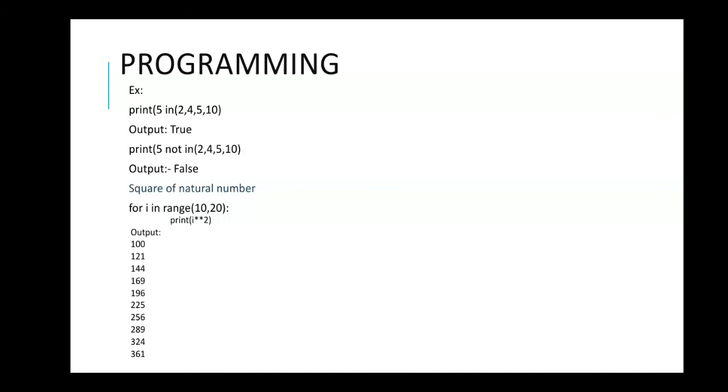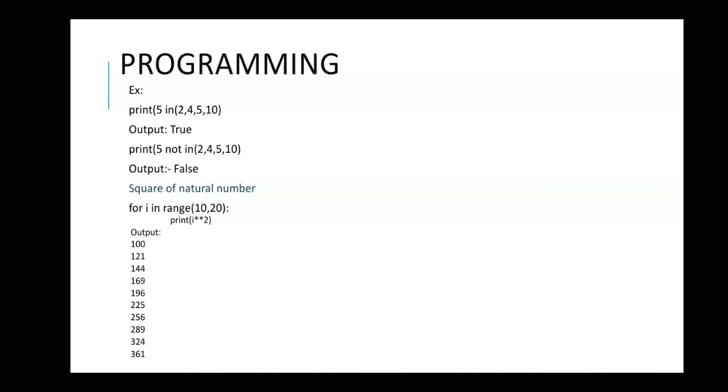You check it. Now we have one more example, to find the square of natural numbers. We specify the range, the initial value and the final value. When we initialize the final value, it never touches the final value. According to this, the condition is 10 is less than 20, so it will work till 19 only.